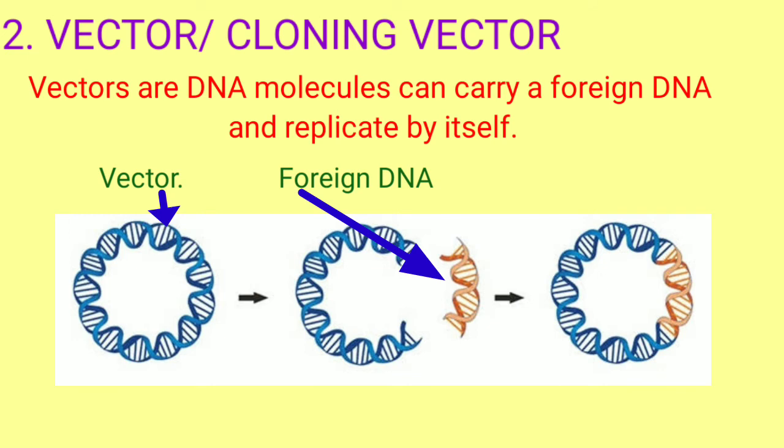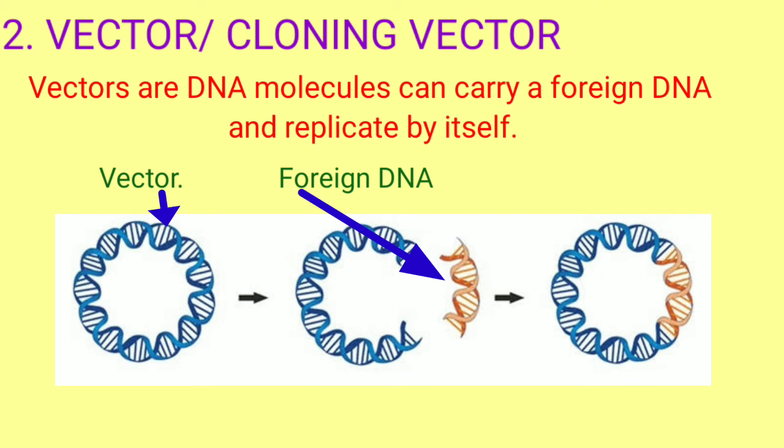These vectors are used as a vehicle where the foreign DNA segment is joined and allowed to replicate inside the host cell. So you can call it a vehicle DNA also. As you have seen in the diagram, the vector DNA is where the cloning of the foreign DNA takes place. For that, the two DNAs from two different organisms were joined by the enzyme DNA ligase.